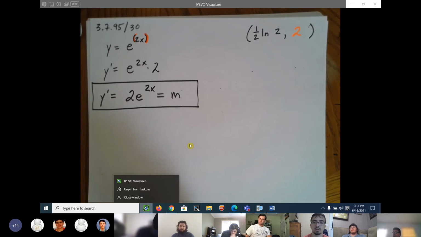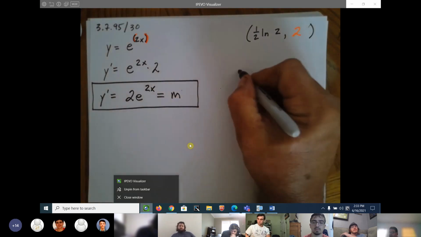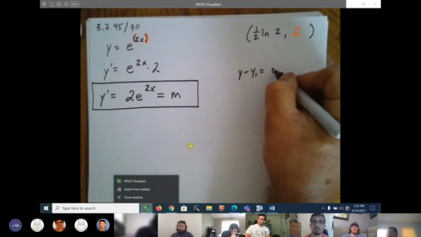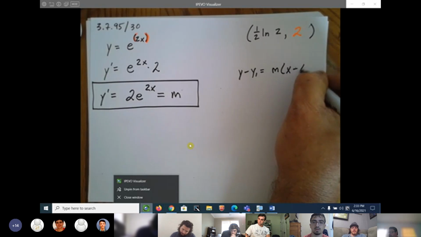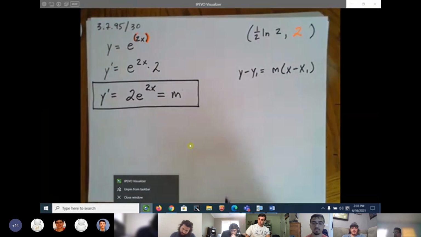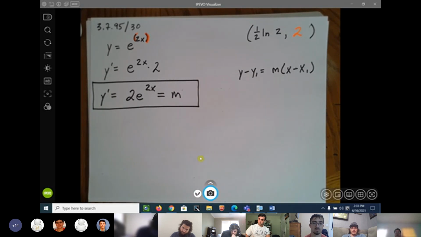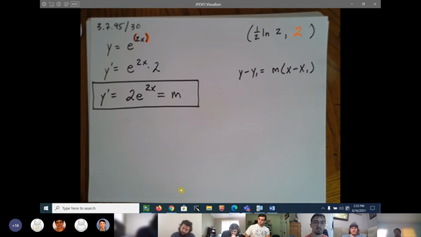You got to find a slope, so you can use y minus y sub 1 equals m times x minus x sub 1. You got your slope right here, but you got to plug in something. Go ahead and finish it. Do not use a calculator. Use your algebra skills to cancel out whatever you need to cancel out. The natural log is going to be in the answer.